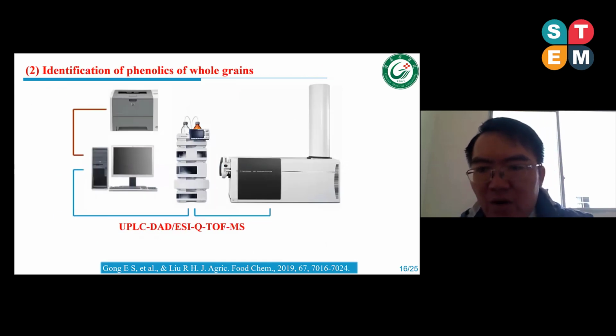Phenolics in whole grain were identified by UPLC Q-TOF mass spectrometry.